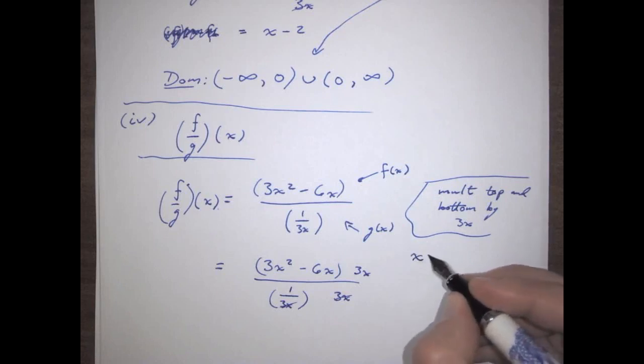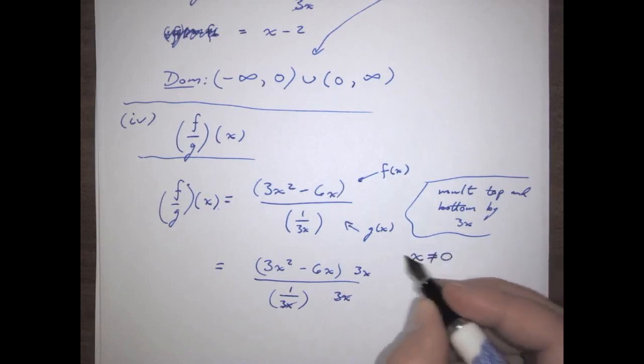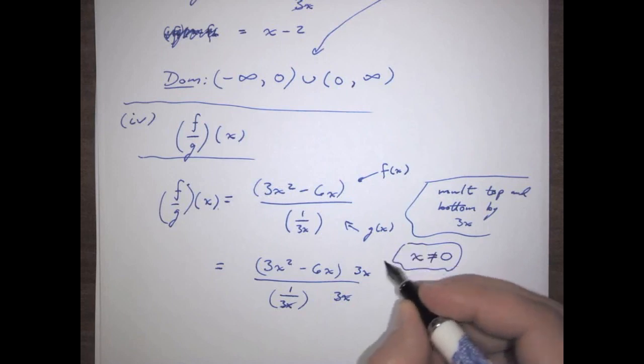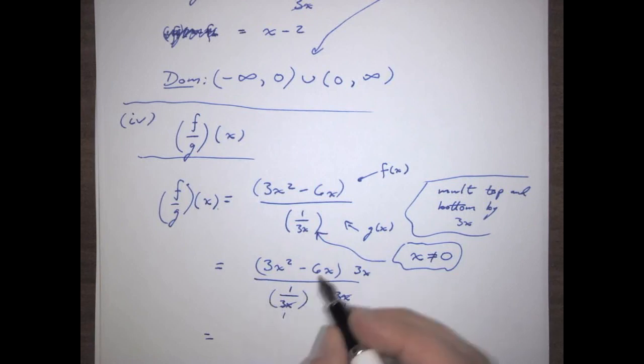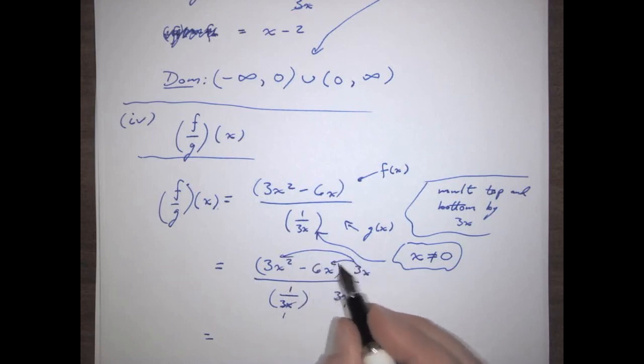Now notice one thing at this stage, x should not equal 0. Gotta check it at every stage of the simplification, including right here. So x should not equal 0 right there. And this is gonna cancel with that one. And so what we're gonna have is this, which we can distribute to that.